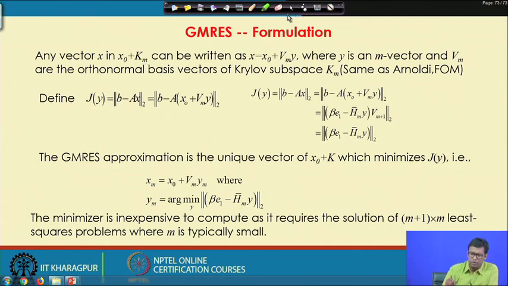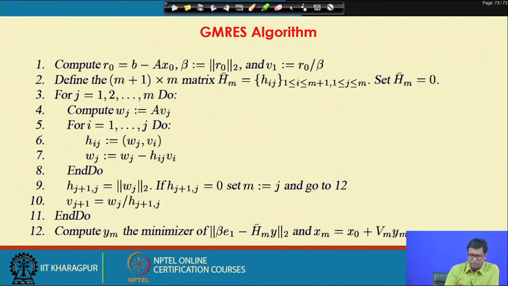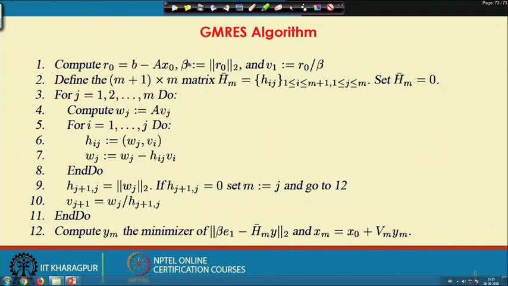So, if we look into the algorithm, it starts with an initial guess value x 0 and computes the initial residual, finds the value of beta, which is the magnitude of the initial residual vector. Then you take V 1 as the unit vector along r 0, the initial residual, and then multiply this with A and subtract, which gives a new basis of the Krylov subspace.